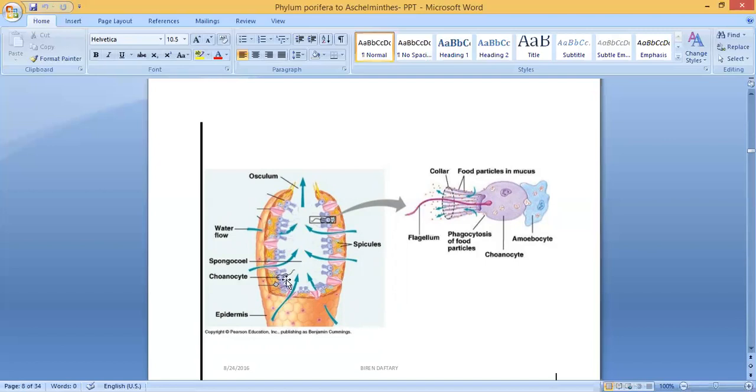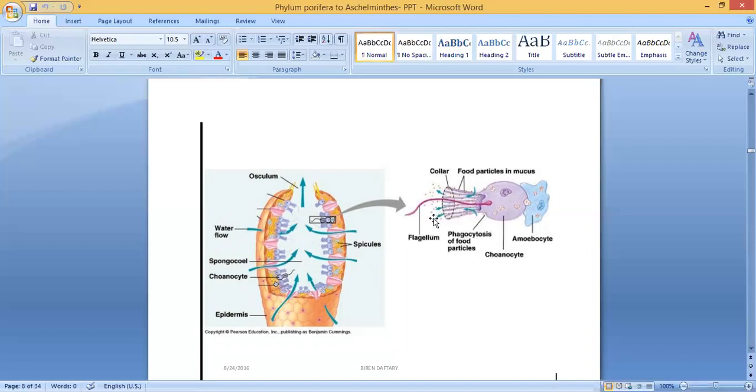So one thing, it allows the flow of water here. That is the meaning of generating a water current. Second, to trap and ingest food particles. With the help of this flagellum, it will trap and ingest food particles by the process of phagocytosis. You can see here the structure of a choanocyte. This is a flagellum, and here you can see many villi.